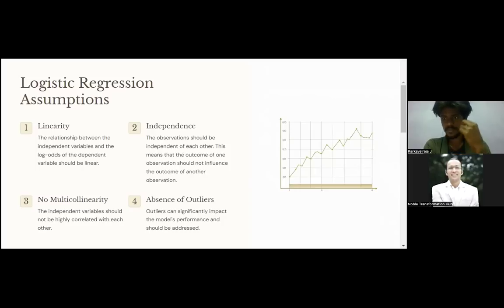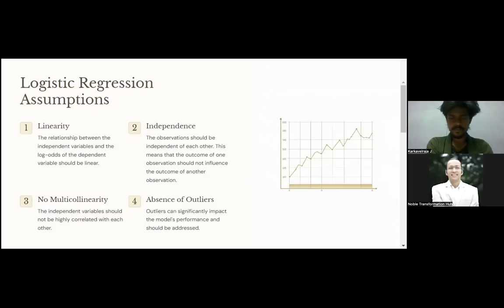Okay, so no multicollinearity means that the independent variables should not be highly correlated with each other. Not multicollinearity, okay, that is what it is. Only independent variables.